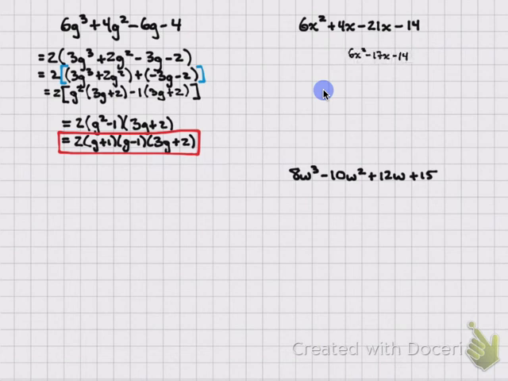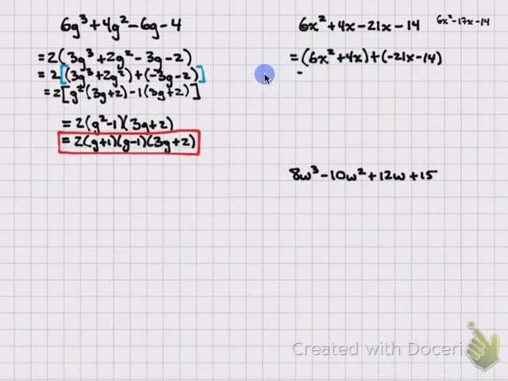So with that in mind, it appears we are going to have to factor this using the grouping method that we've been talking about. Let's group the first two: we've got 6x squared plus 4x, and we've got negative 21x minus 14. First grouping, common factor, I'm thinking 2x.